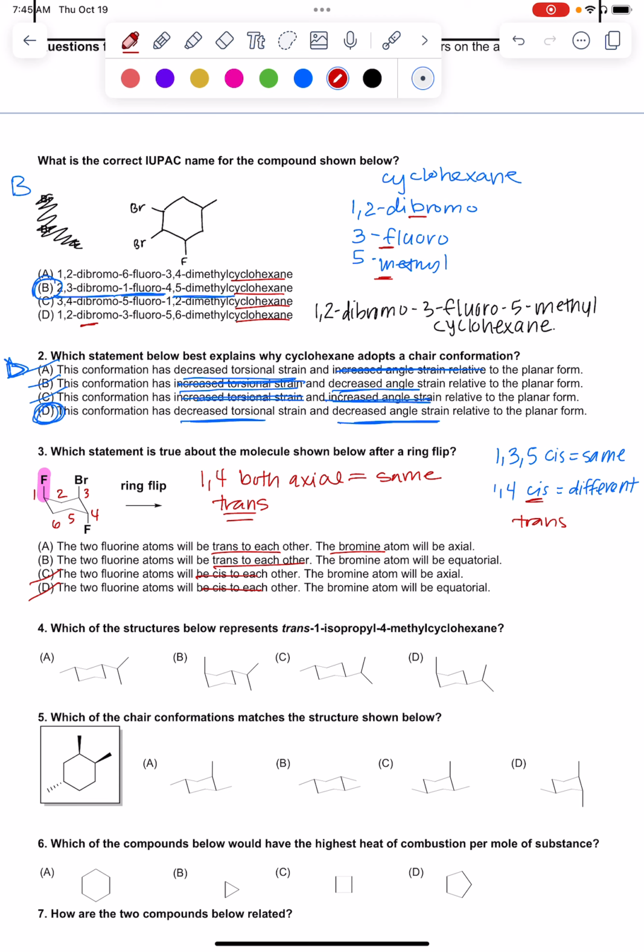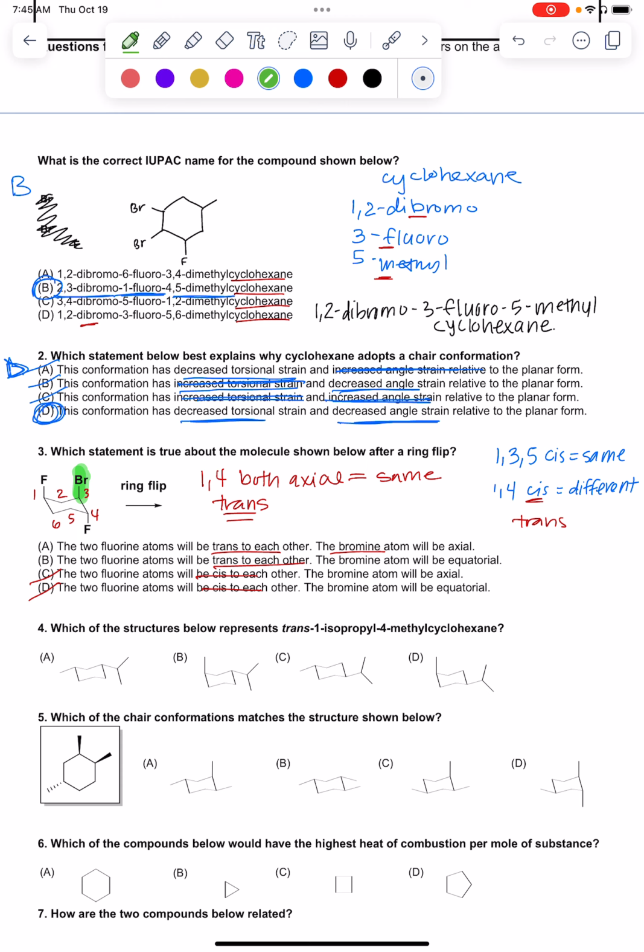So now we're looking at the bromine. What happens to the bromine when you do a ring flip? And we should remember that whenever we flip something, it's going to take on the opposite orientation of its current position.